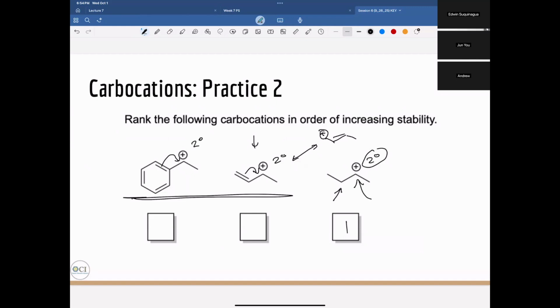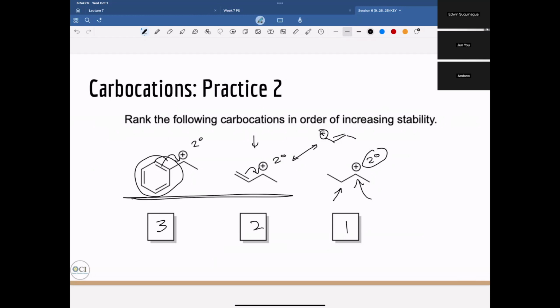But the main difference between 1 and 2 is that we have a bulkier carbon chain coming off of it. Since we have a bulkier carbon chain, there's more hyperconjugation, meaning the carbons can donate more electrons to stabilize that positive charge, which is why this first molecule is going to be most stable, and then this second one is going to be the second most stable.